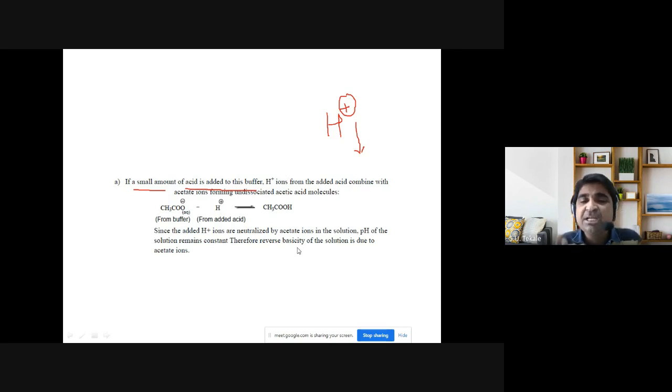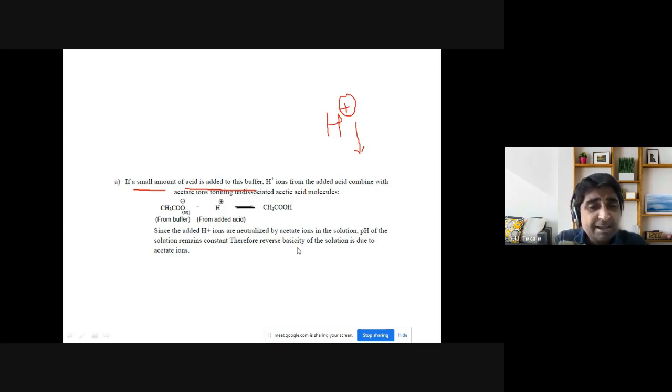The pH of the solution does not change, and this reserve basicity of the solution is due to the acetate ions. The solution is trying to maintain its nature because of the tendency of the large amount of acetate ions present there.